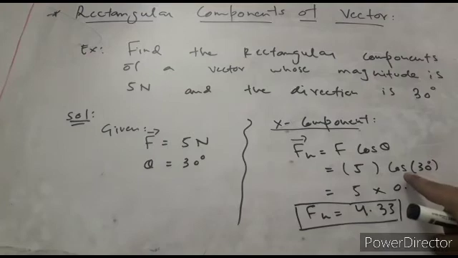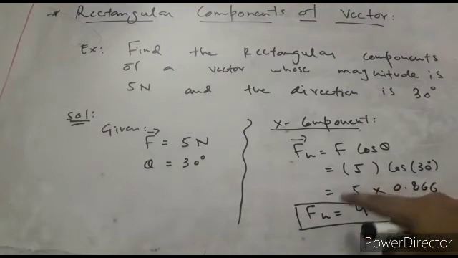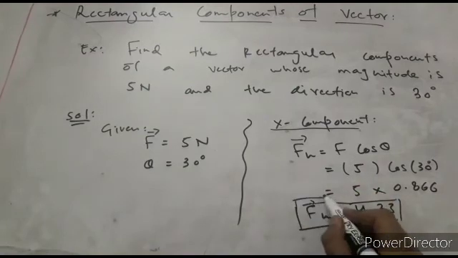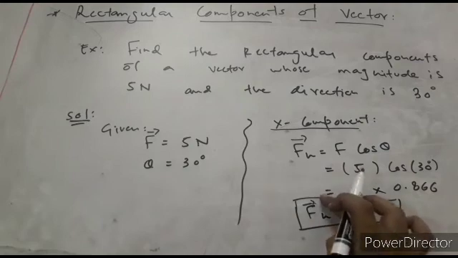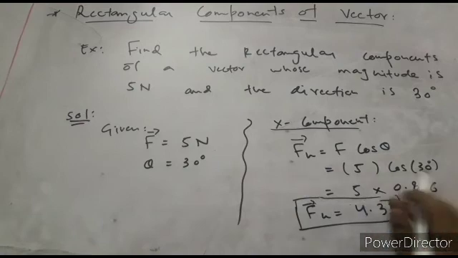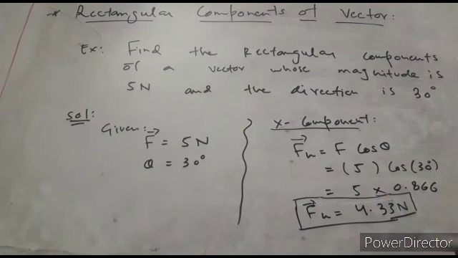First we find the value of cos 30 degrees with the calculator, and that is 0.866, and then we multiply this with 5 and we get the x component, and this x component is 4.33. Since it's a vector of force, the unit will be the same, Newton. So this is the x component of this vector.